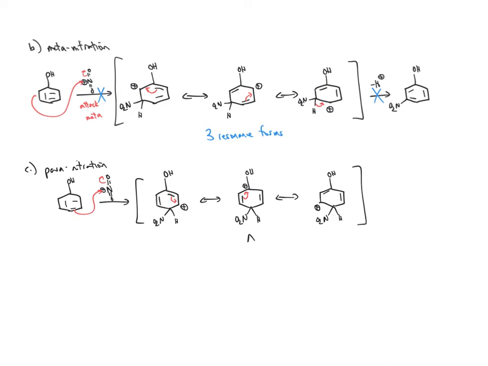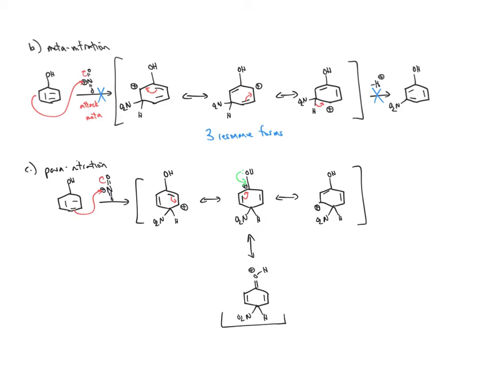But what I can also do is I can have an additional resonance form by taking the lone pairs on oxygen and stabilizing the positive charge that's at that ipso carbon. And so that particular resonance form is not viable in the meta nitration case.